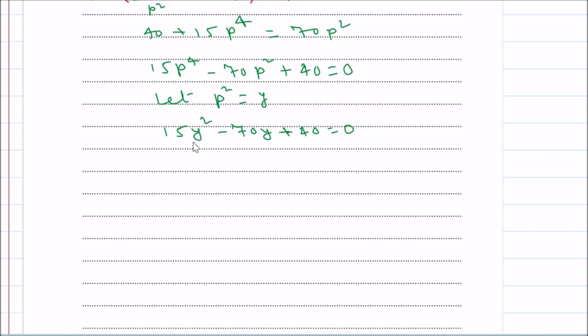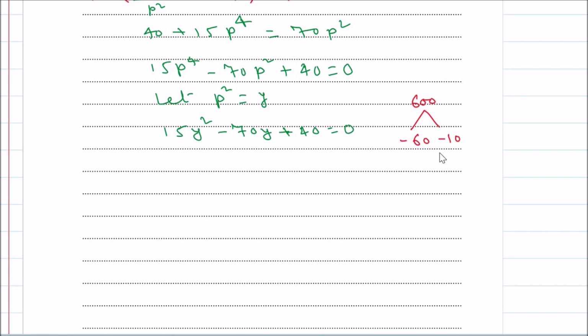Now, if we multiply 15 and 40, that gives us 600. Now, 600 is positive, but the middle term coefficient is negative. So we can write minus 60 and minus 10.